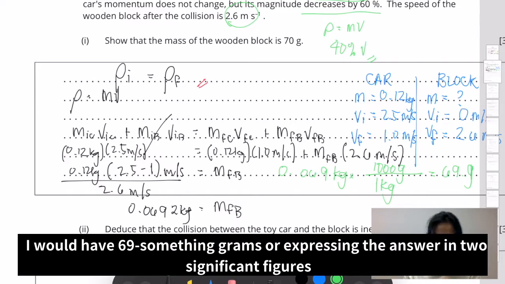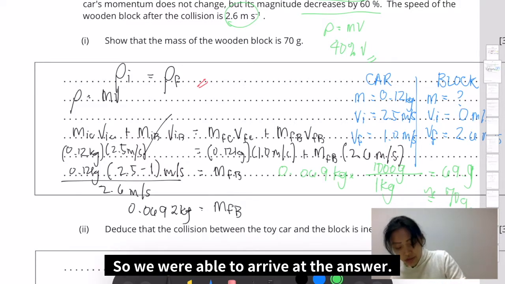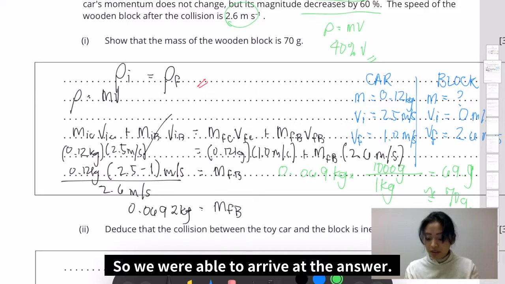How many significant figures should I express the answer in? 2 significant figures, because the least number of significant figures in this problem is 2. So that's 69 grams, or around 70 grams. So we were able to arrive at the answer.